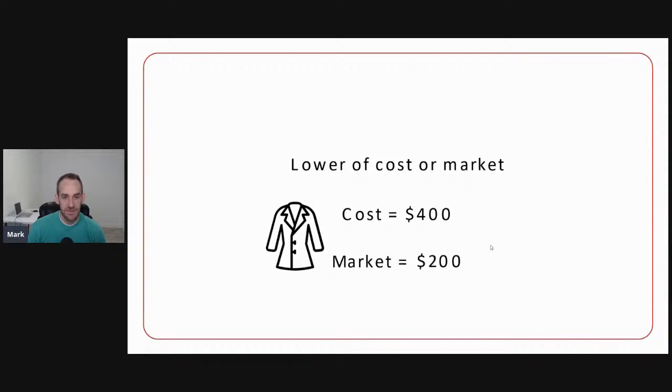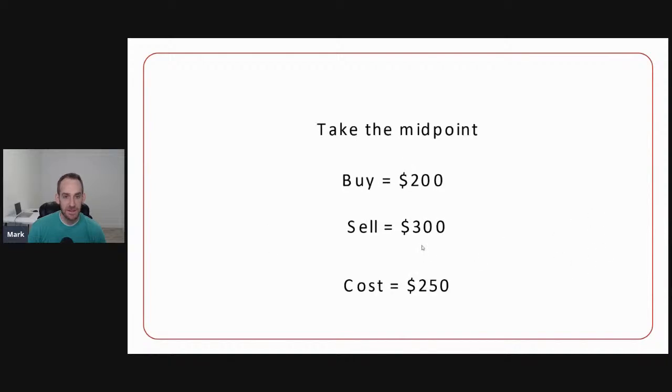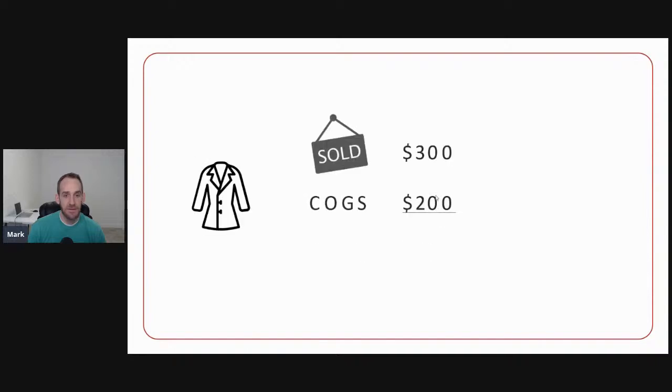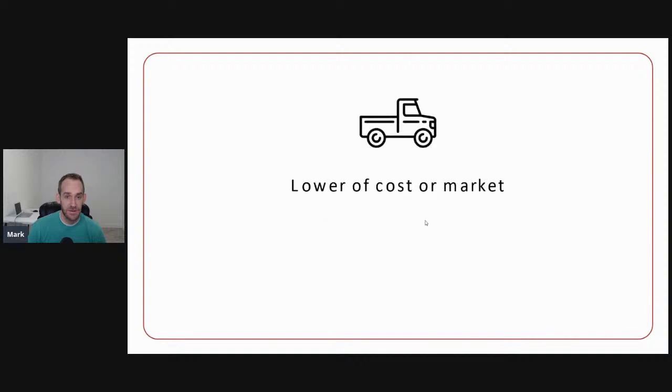I guess I'm using this $200 in my example. So you bought it for $400, you sold it for $300. Your cost of goods sold is $200. Your profit is $100.